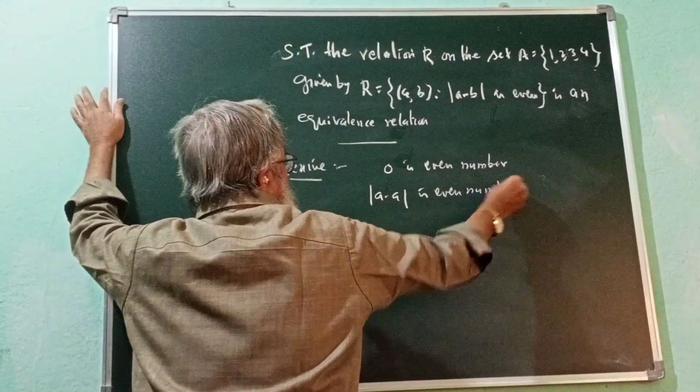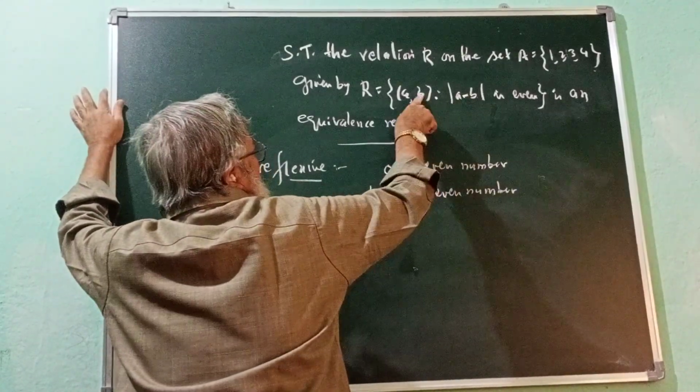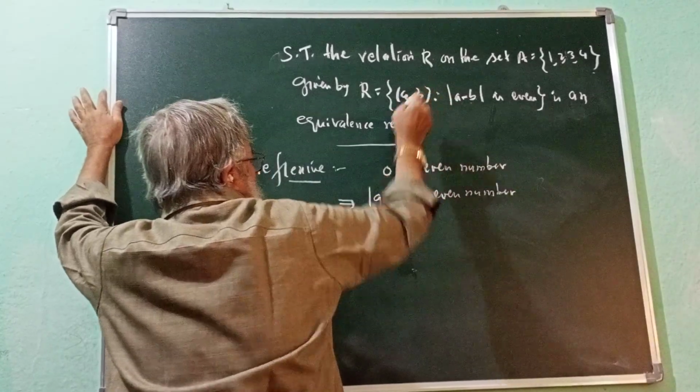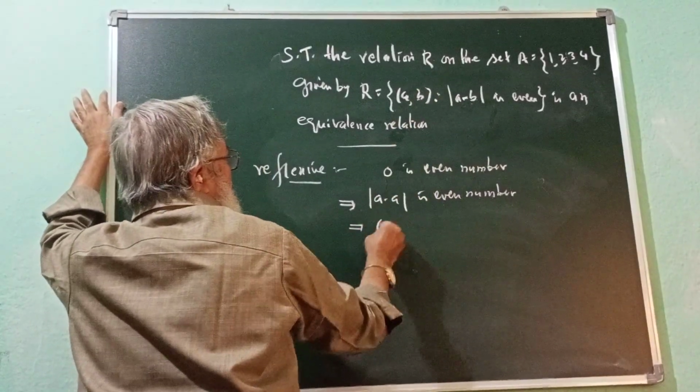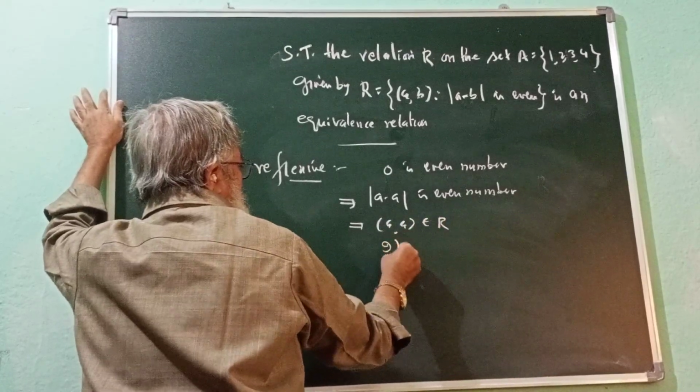Here we have a in place of b. So therefore a, a belongs to R, it is reflexive.